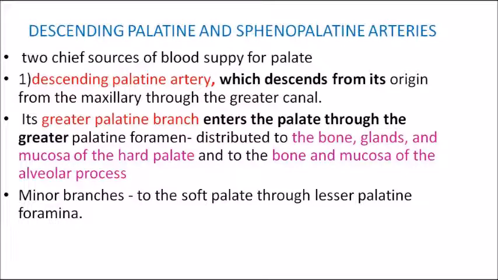Now coming to the blood supply of the palate, it is chiefly provided by the descending palatine and sphenopalatine arteries. So the descending palatine artery originates from the maxillary artery and passes through the greater canal.